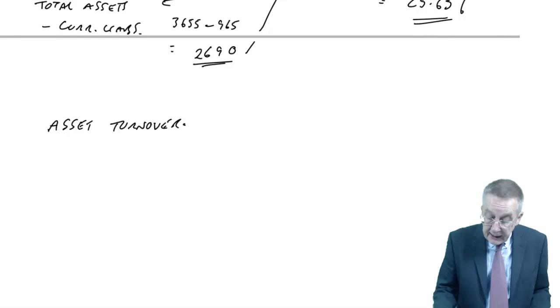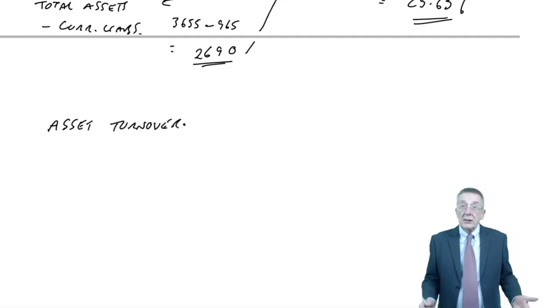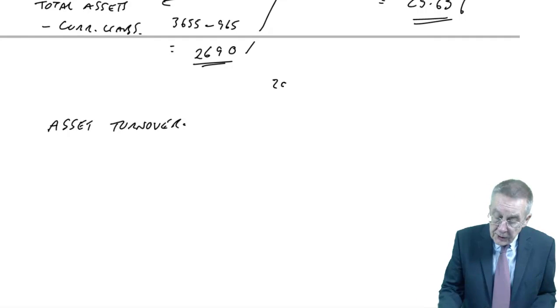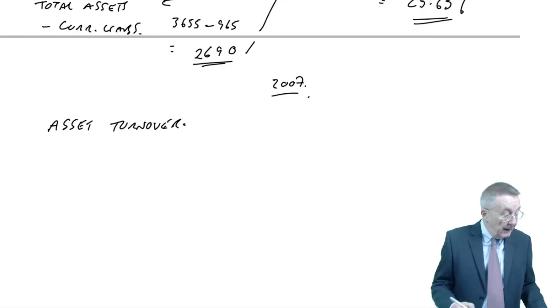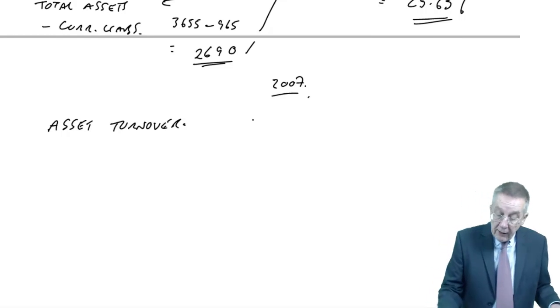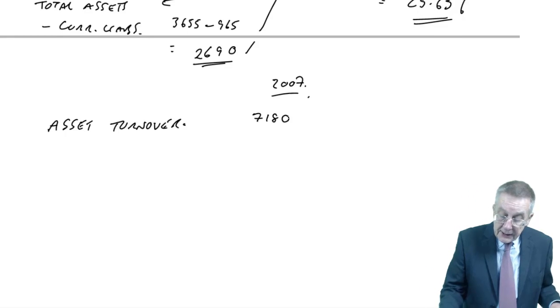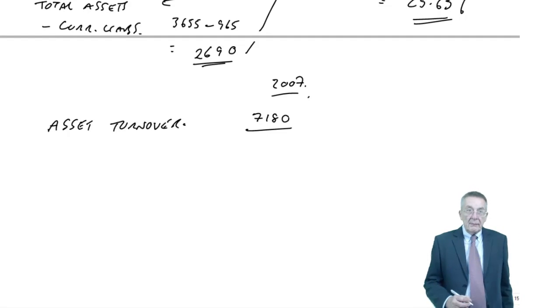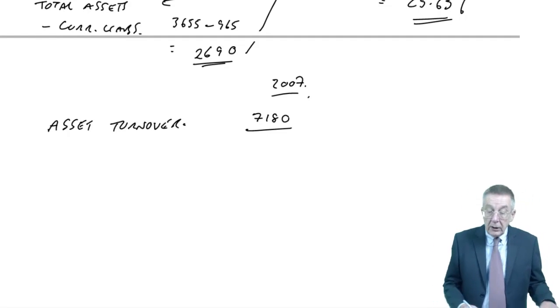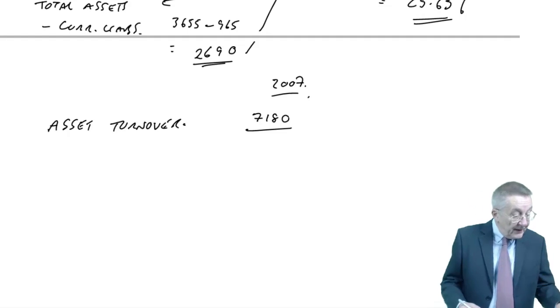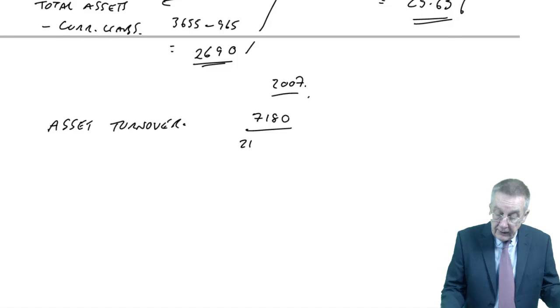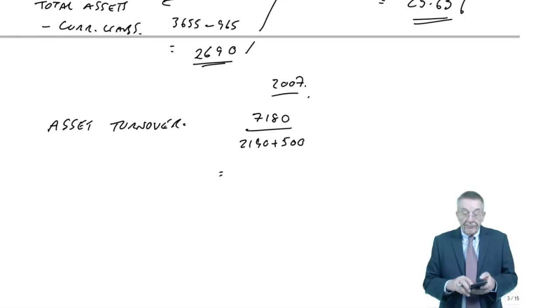And it's defined as being the revenue over the total long-term capital. So again, 2007 first, we're generating revenue of 7,180. On how much long-term capital? Well, same as before. The equity plus the long-term debt, the non-current liabilities, 2,690.